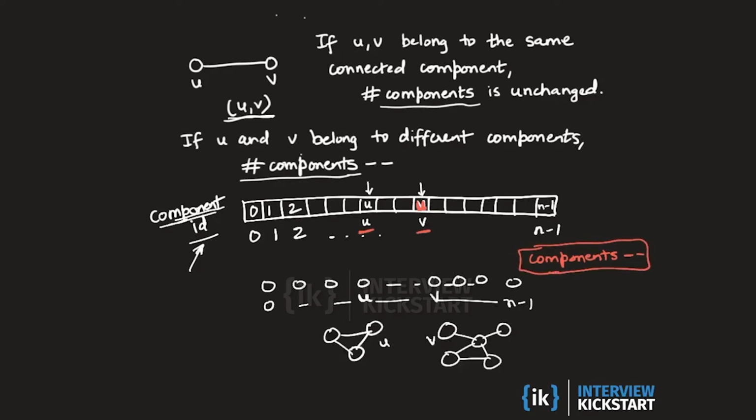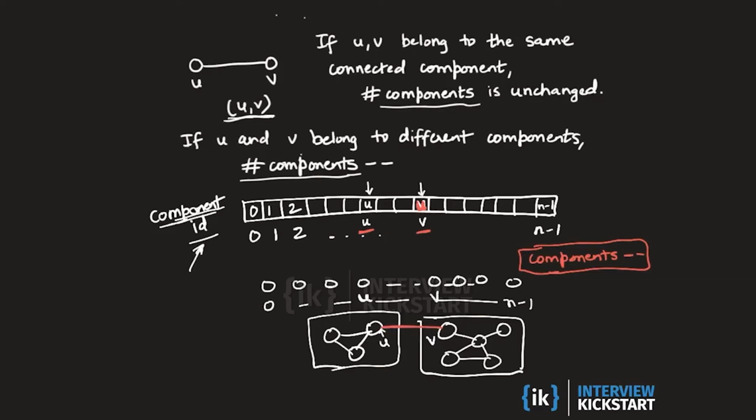Well, not exactly. Suppose that just before the edge u comma v came in, vertex u belonged to a connected component with 3 vertices as shown, and vertex v belonged to a connected component with 5 vertices as shown. Now this new edge which came in between u and v effectively unifies these two connected components.